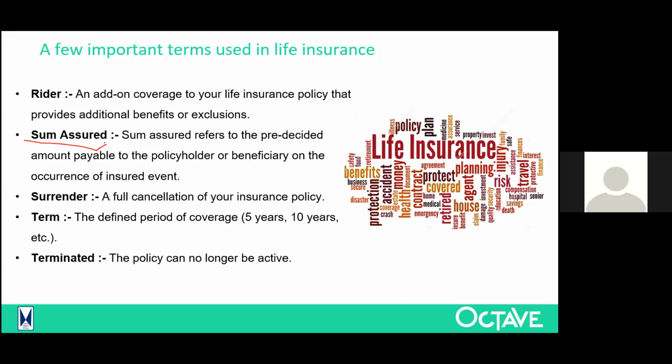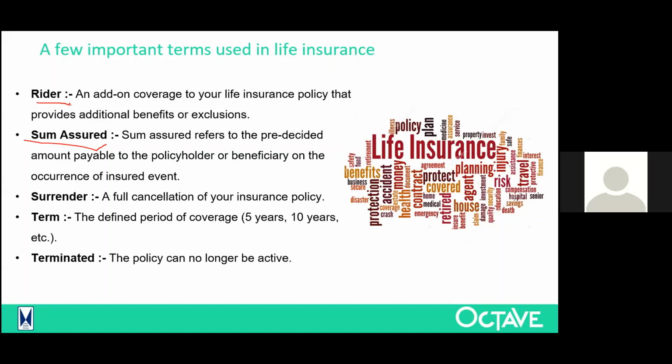Next thing is something called a rider. The simplest way to say what a rider is, it's just an additional feature or additional product you want with your policy, right? The definition over here is an add-on coverage to your life insurance policy that provides additional benefits or exclusion, right? As an example, let's just say you have an educational policy. That is your product.